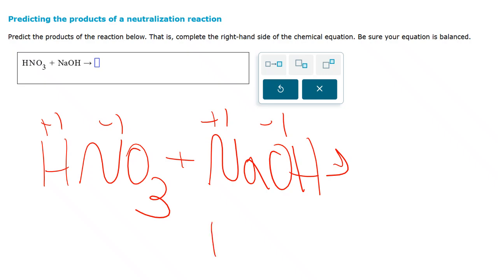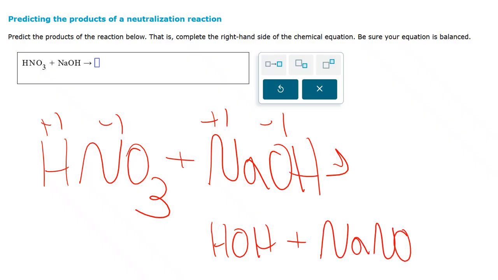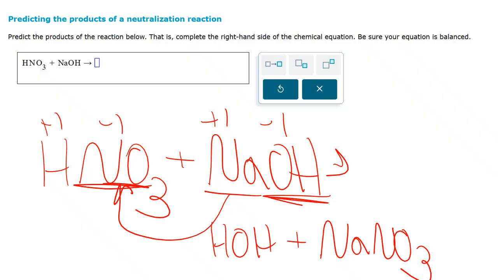So that H and that OH form water, and then first goes with second here. And this is already balanced. There's no numbers outside this parentheses of OH, and NO3 is the same on both sides. So you got to think of polyatomic ion as something individual.